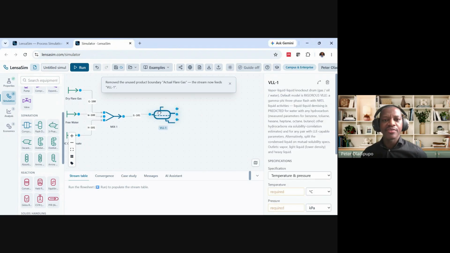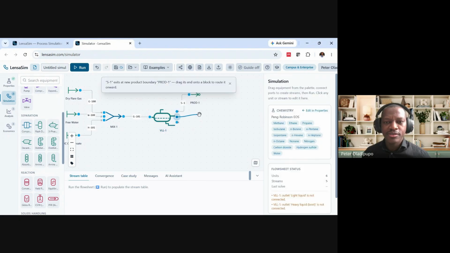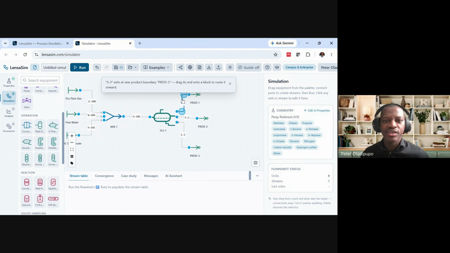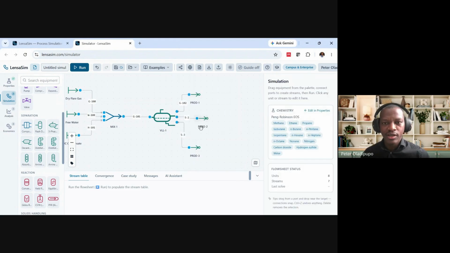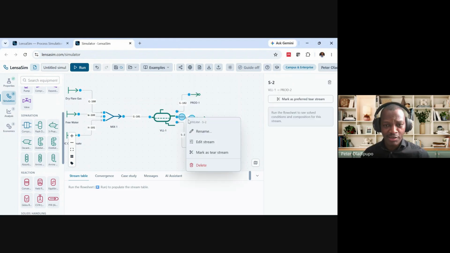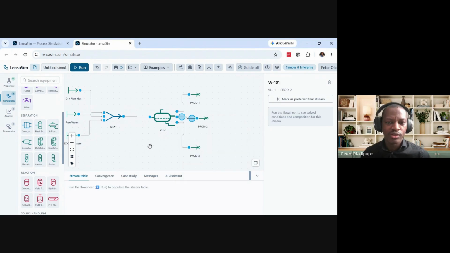Because it's going to produce product streams, this will generally be the gas stream, the new gas stream. Call it G102. Then this will likely be the water stream. We already have W100, so let's call it W101 for water.